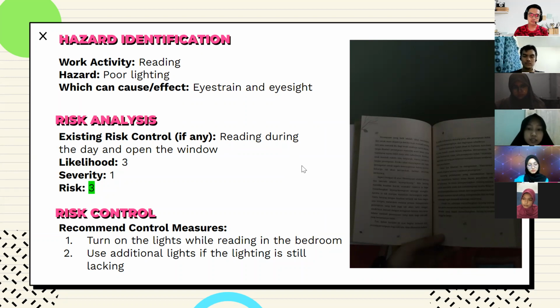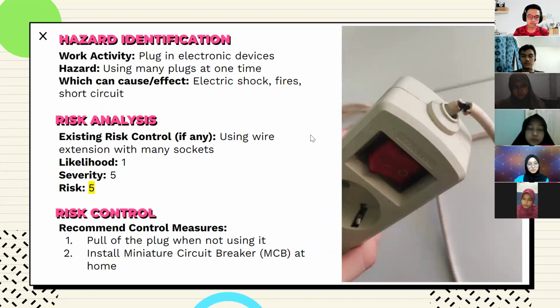The third is plugging in electronic devices. The hazard is using many plugs at one time, which is a physical hazard, and it can cause electric shock, fires, and short circuits. What we see now is an example of an electronic outlet that is damaged after being used for many plugs at one time, which exceeds its capacity.